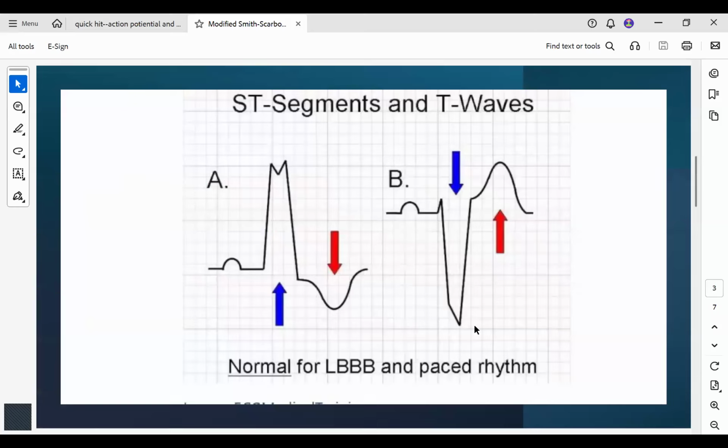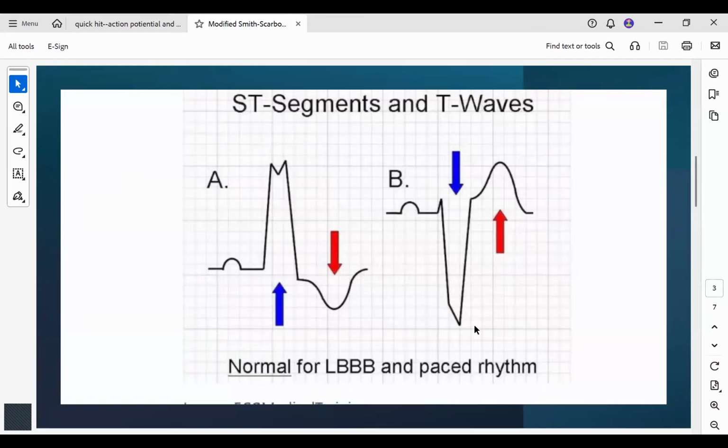All right, so let's go in stepwise fashion. We have a left bundle or something that's paced because we see the pacer spikes, right? So this is what they mean by those ST segments being concordant or discordant.